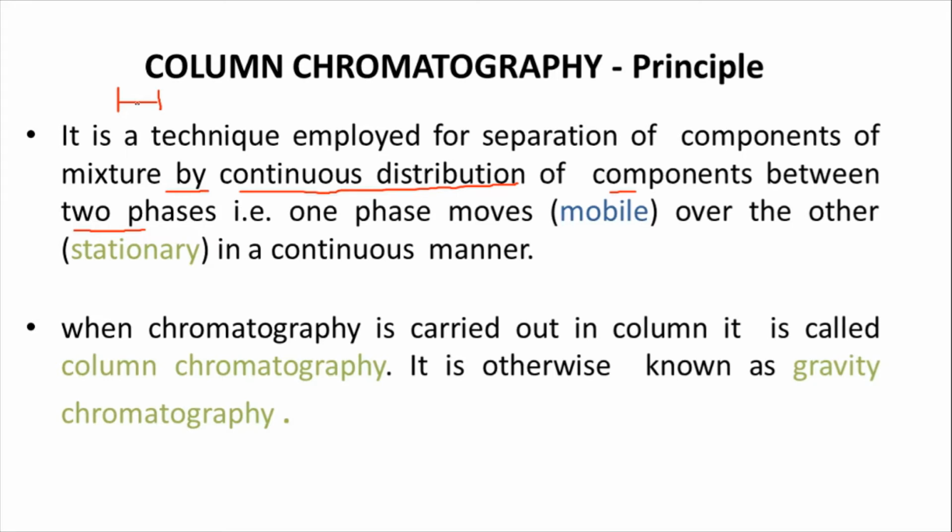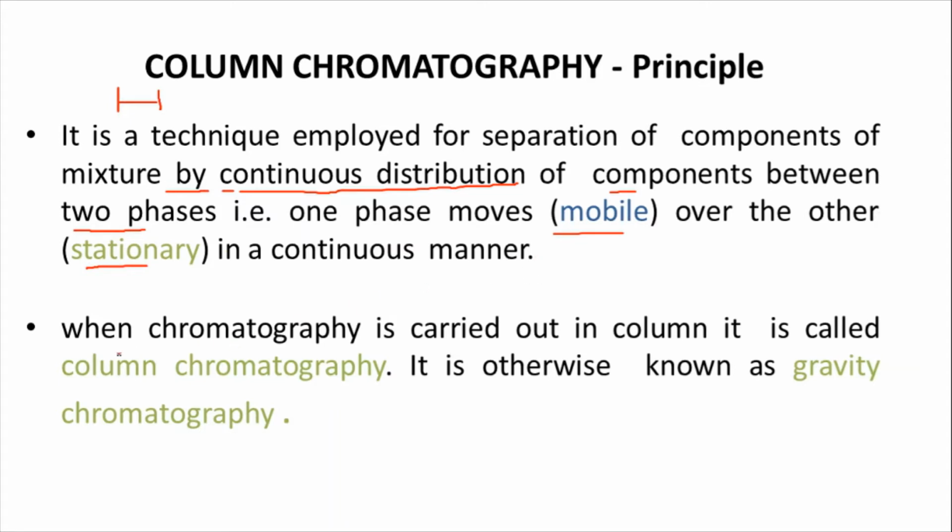But in column chromatography, the solute molecules, the sample molecules, are continuously distributed and also interact with the two phases. One is called the mobile phase, one is called the stationary phase.